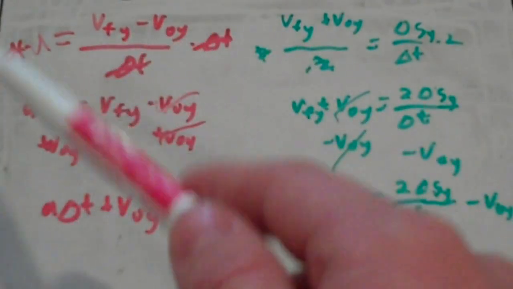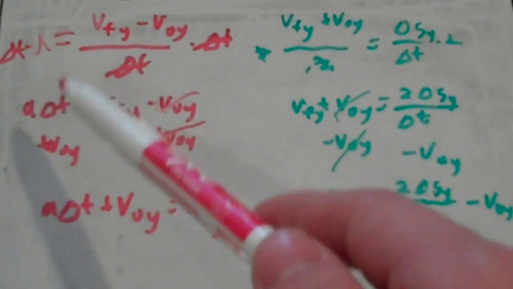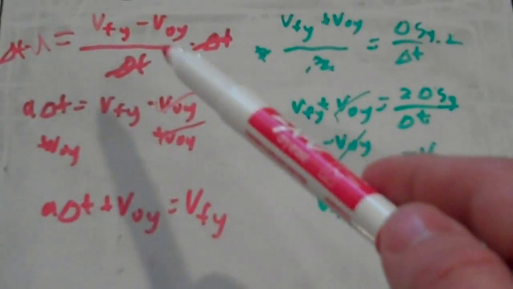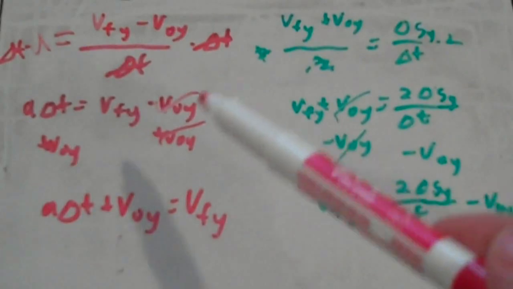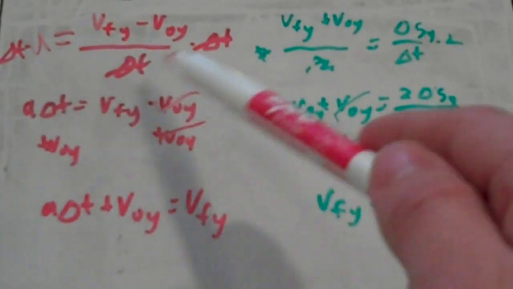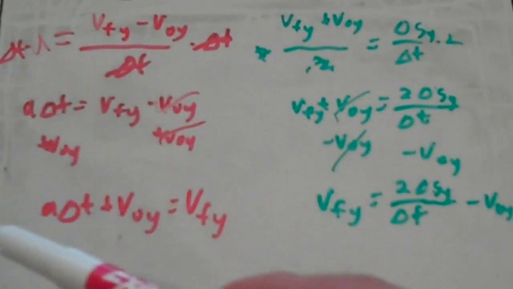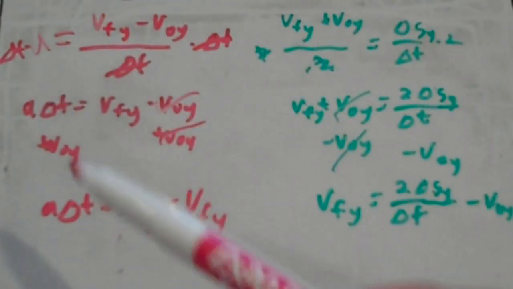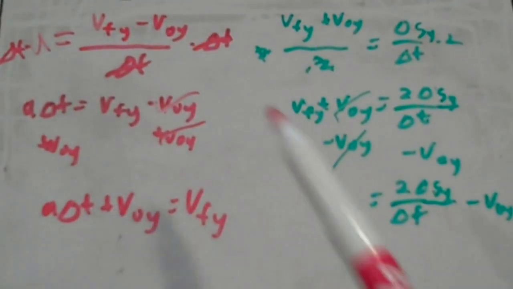So now we have the acceleration times time equals the final velocity minus the initial velocity. And then I added the initial velocity to both sides, so these velocities canceled. So now we have the acceleration times time plus the initial velocity equals the final velocity. And this math all checks out, so I can assure you this equation is accurate.